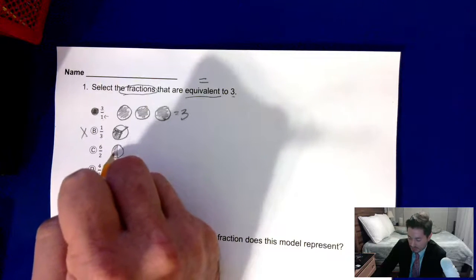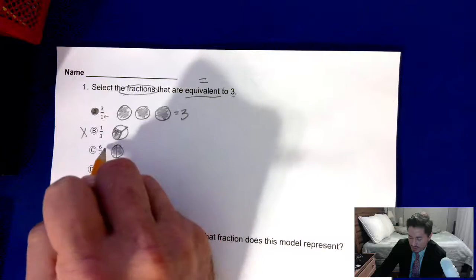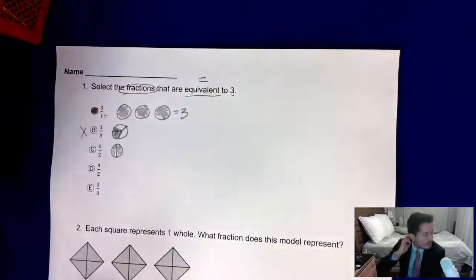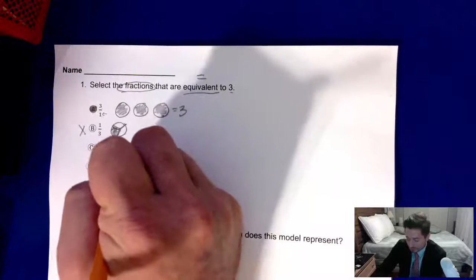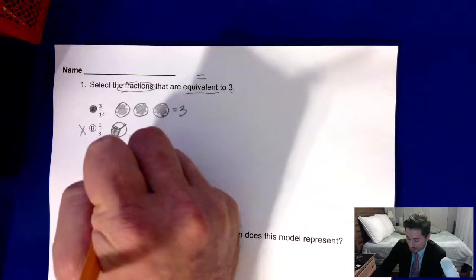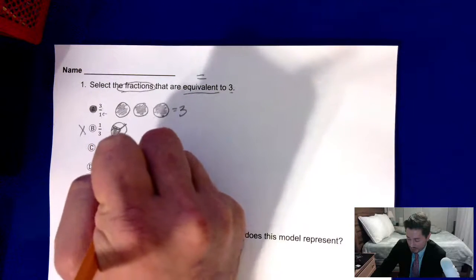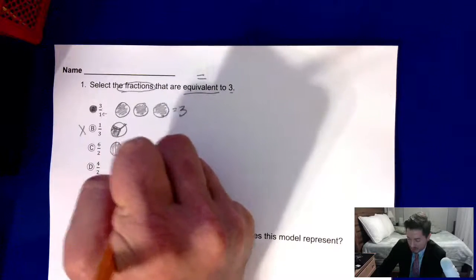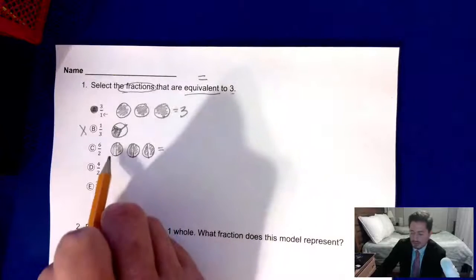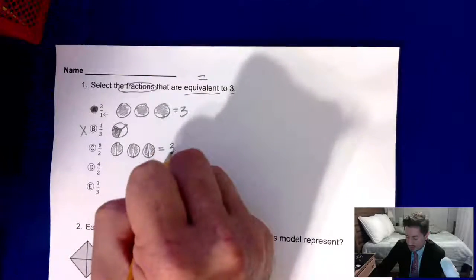I'm going to shade in 1, shade in 2. The top number, the numerator, says to shade in 6. So I have to make another whole. Split it into 2. 3, 4, make another whole. Split it into 2. 5, 6. And again, I have 3 wholes. 1, 2, 3. So that one's correct.